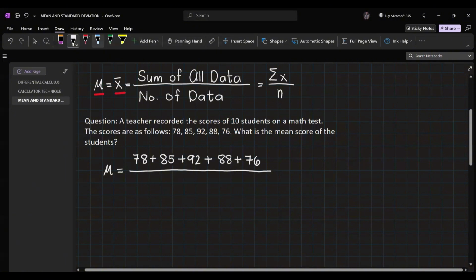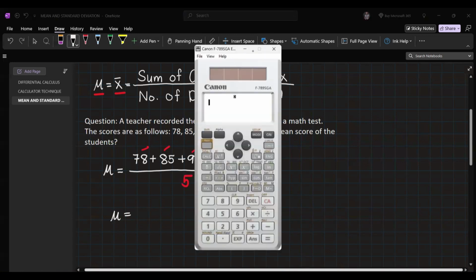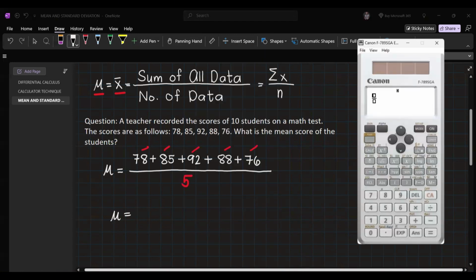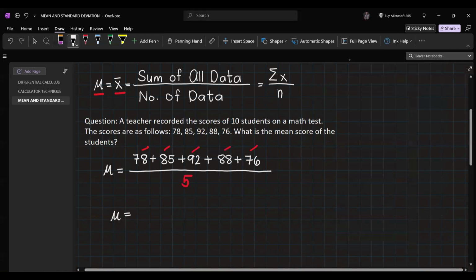So, ilan ba yung data natin? Di ba? 1, 2, 3, 4, and 5. So, divided by 5. Kaya yung mu natin ngayon ay simply, 78 plus 85 plus 92 plus 88 plus 76 divided by 5. So this is 83.8.